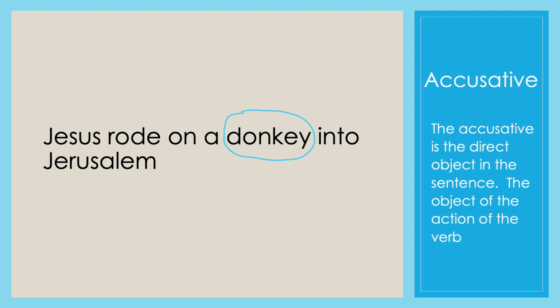The object of the action of the verb. So in this case, Jesus rode a donkey into Jerusalem. Donkey is the object of the verb to ride and therefore it is the accusative.